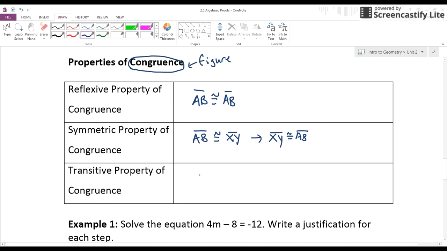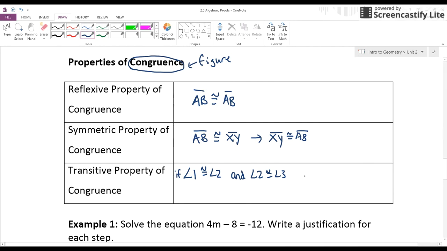Okay? Transitive property of congruence, same idea. So remember, we don't have to be limited to segments. I could, for example, say angle 1 is congruent to angle 2, right? So if angle 1 is congruent to angle 2, and angle 2 is congruent to angle 3, again meaning they have the exact same size and shape. If you imagine drawing it, you could overlap them and they'd match up perfectly in the angle size.